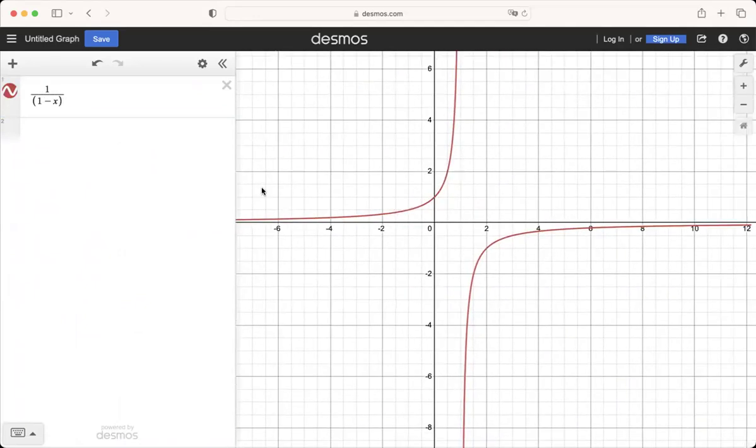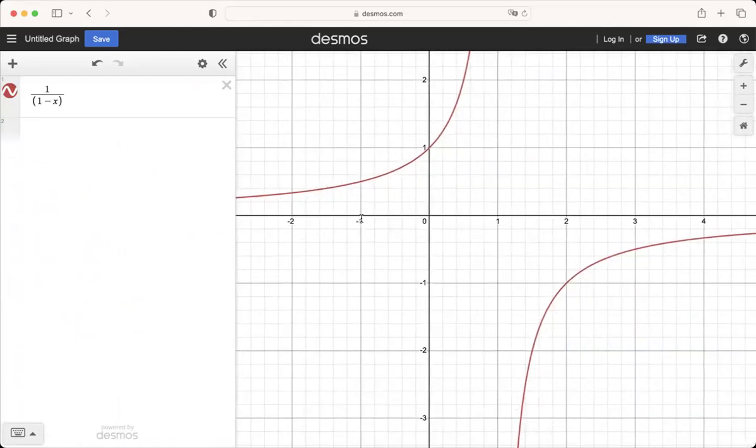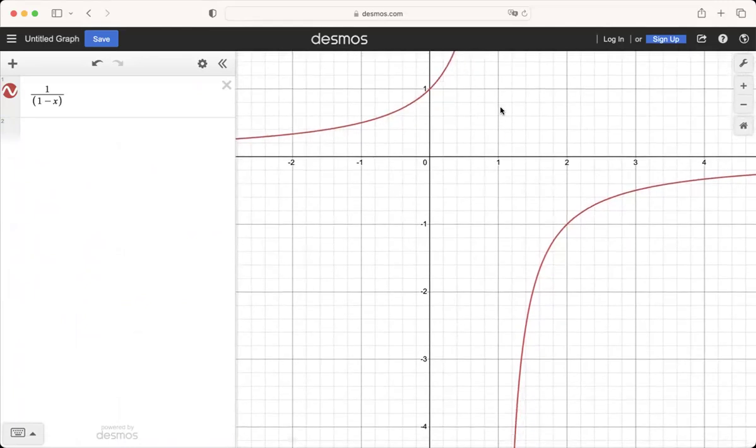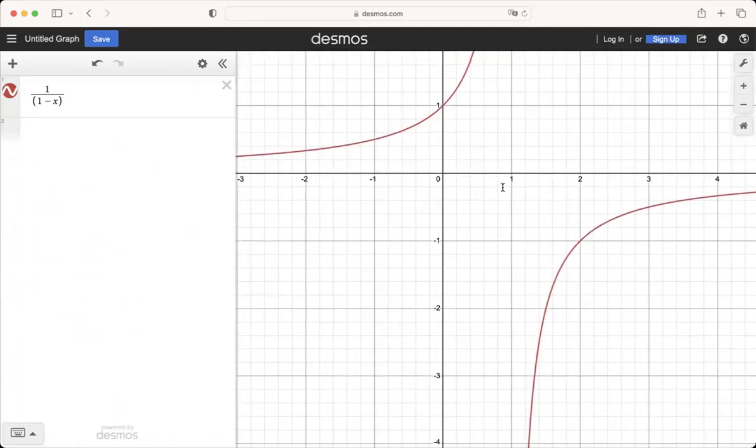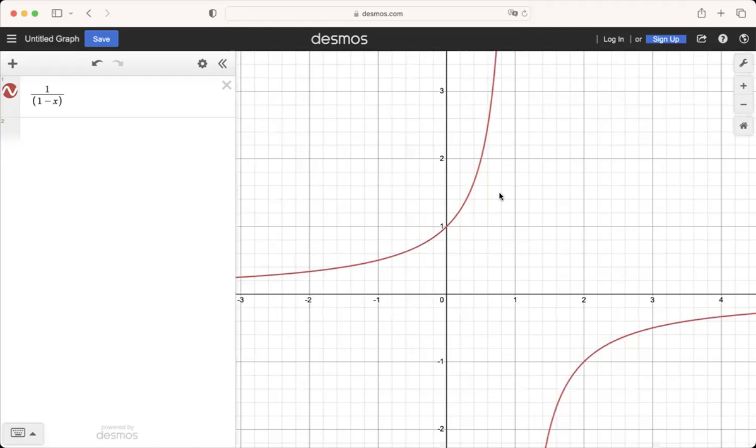This is the behavior of this function, and for x between -1 and 1, you see the behavior of the function up here. Down here, we are not really worried about it because x equals 1 is the vertical asymptote. So you're basically taking this piece of the graph.